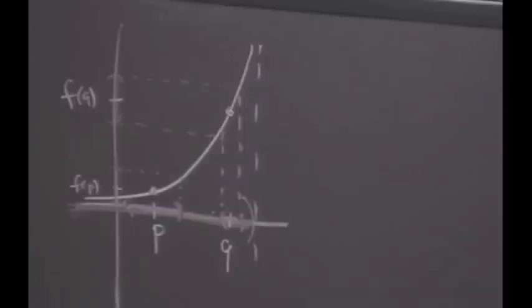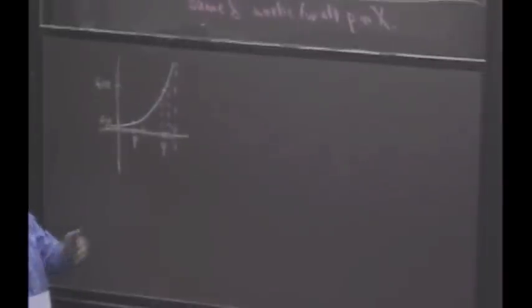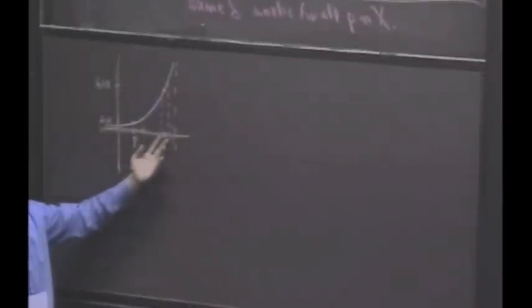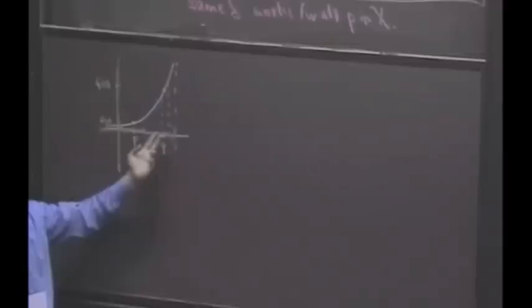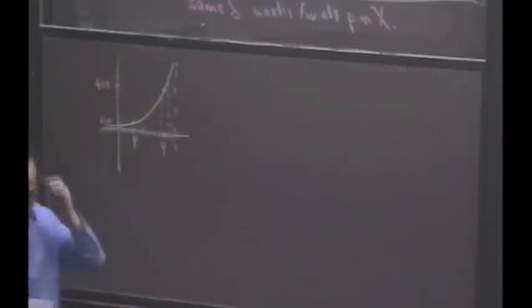But what's the difficulty? Will this delta work for all points? No, which ones are you going to worry about? To the right of Q, this delta actually will no longer work, okay? Because this function's doing something crazy, okay?